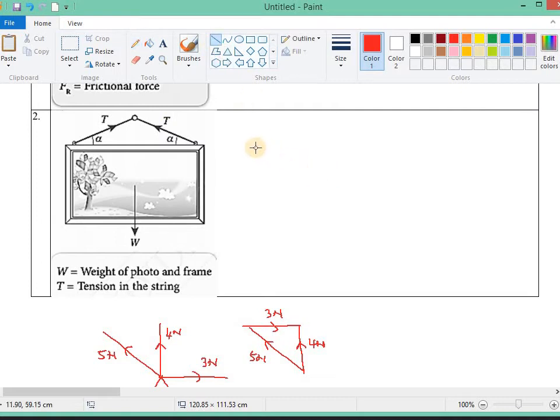So let's say we have three lines: this is the weight, this is tension, and another line.